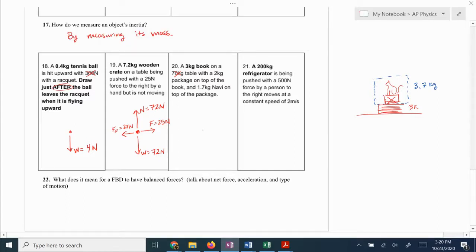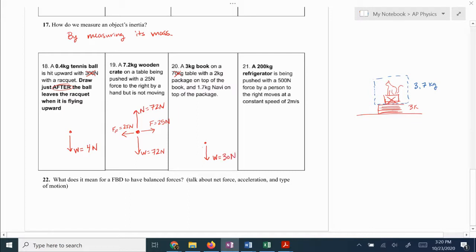So what that means is we have the weight force, 3 times 10, which gives us 30 newtons.